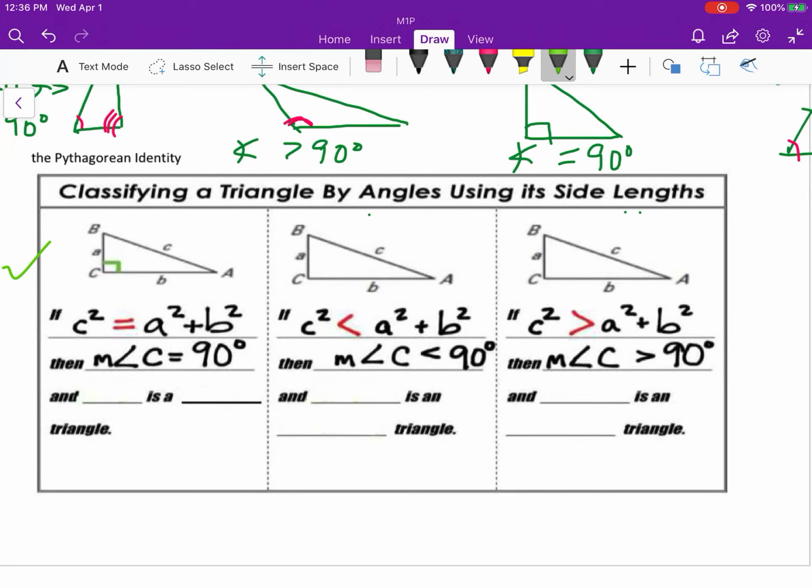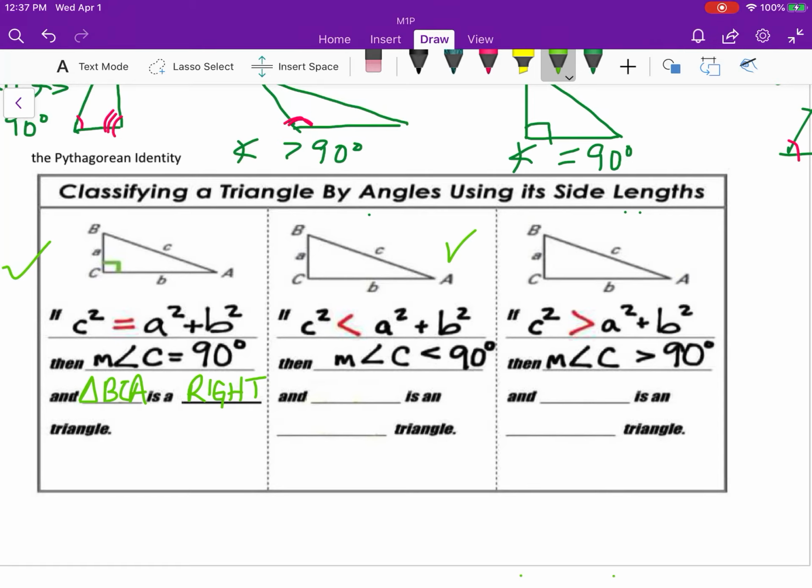Okay, and triangle BCA is a right triangle. Now notice in the second box here, same picture, it looks like a right triangle, but when we actually do the Pythagorean identity, the c squared ends up being less than the a squared plus the b squared.